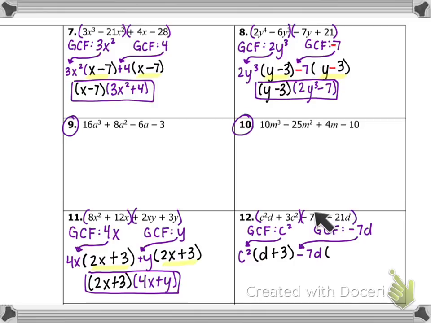Well, negative 7 divided by negative 7 is a positive 1. And then d squared, if I take away a d, I'm just left with d. And then negative 21 divided by negative 7 is a positive 3. And then the d's cancel out. So those two match. That's a good thing. That means that's one part of my answer. And then c squared minus 7d is the last part of my answer. Okay, so try those problems and then raise your hand when you're done.